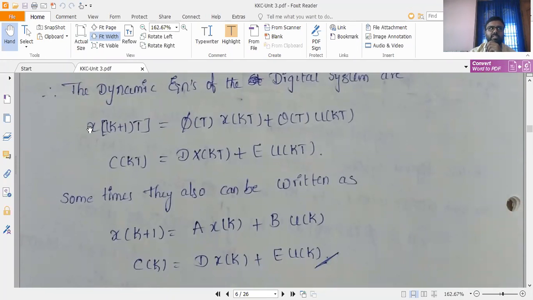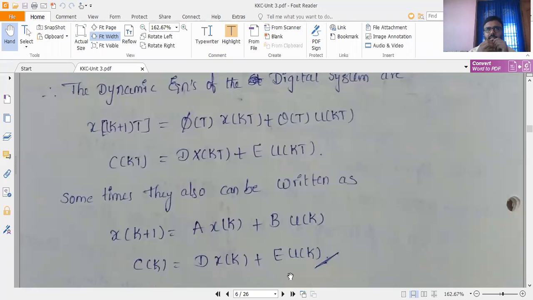So these are the two state equations obtained for the discrete data systems with the sample and hold devices. That means the state equations are x of k+1 equal to A into x of k plus B into u of k, and c of k can be represented as D into x of k plus E into u of k.